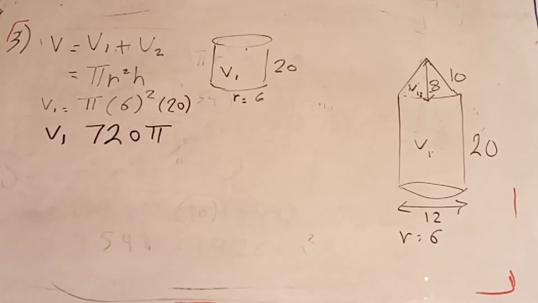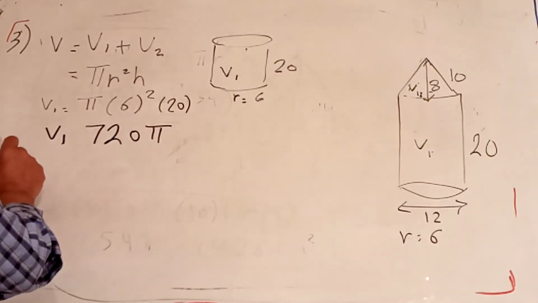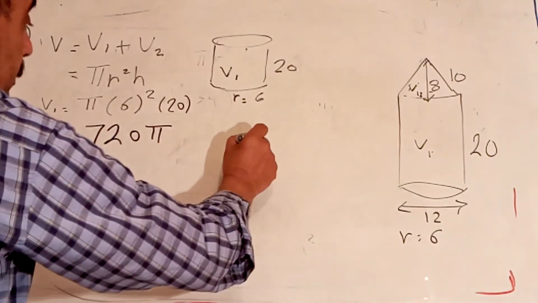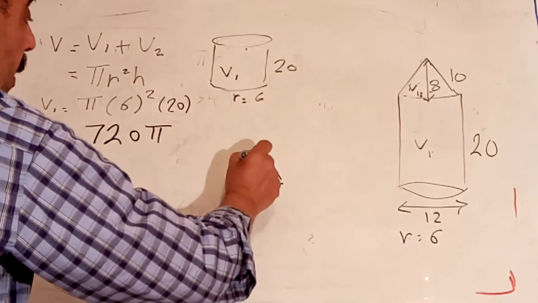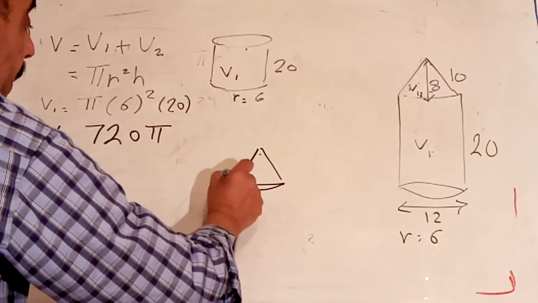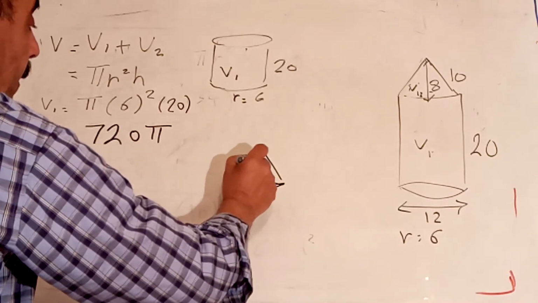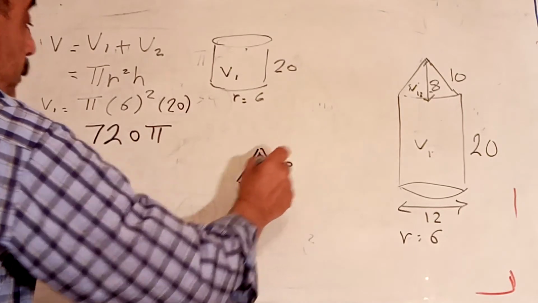Let's go to V2, the volume of the cone. This is 8 and this is 10.